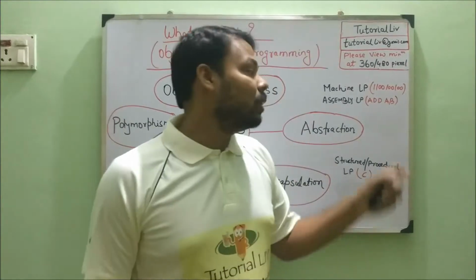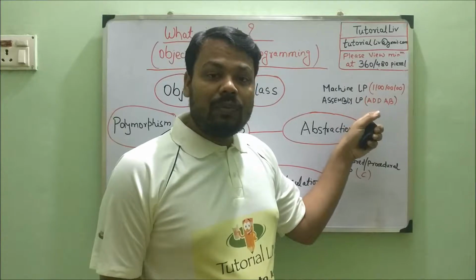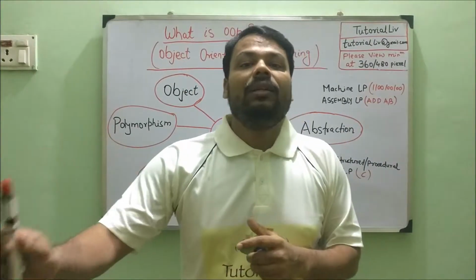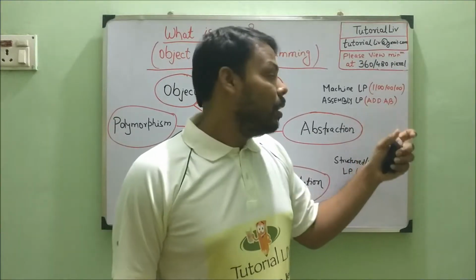So we are giving commands to the computer in English. That's why this programming language is nearer to us than to the machine, and it is the first high level language.